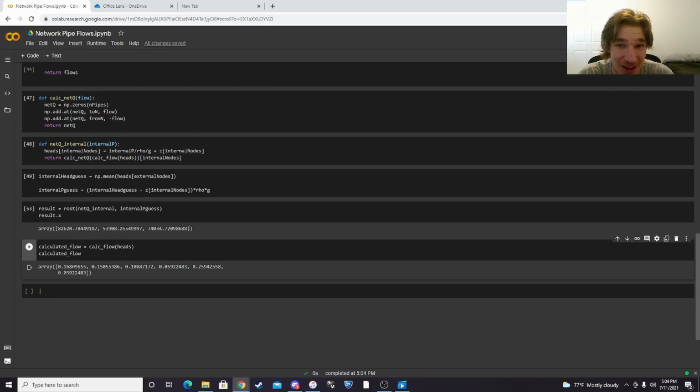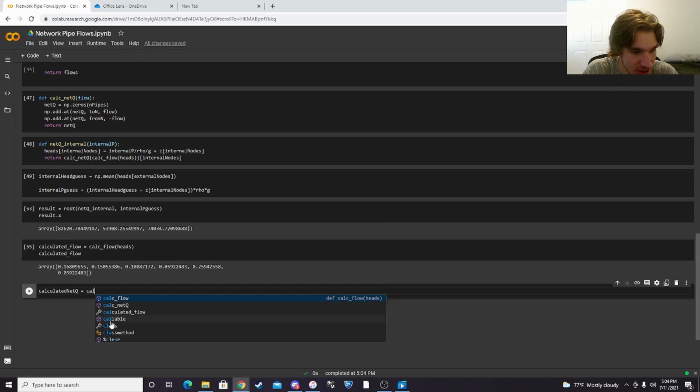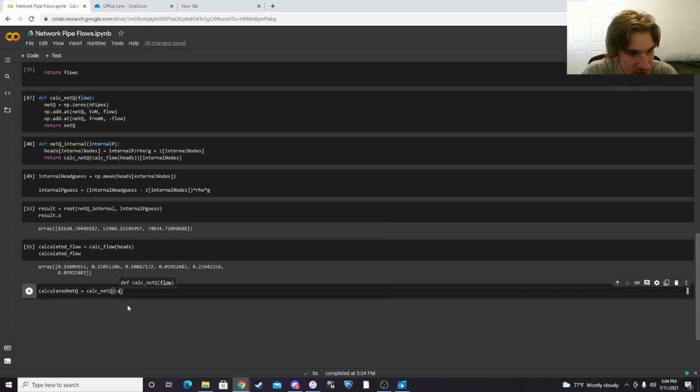This is pipe 1, pipe 2, pipe 3, pipe 4, pipe 5, pipe 6. So now we might want to calculate the net flow for each pipe, I should say. And then we do calc net q, and then calc flow, and then heads.